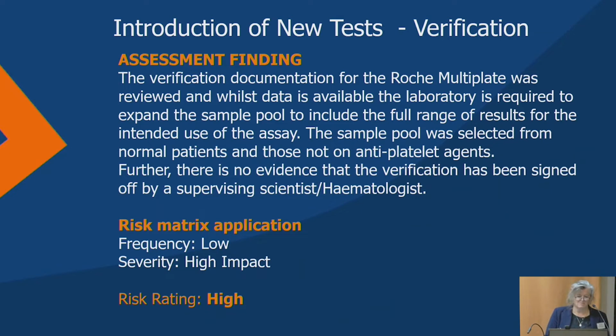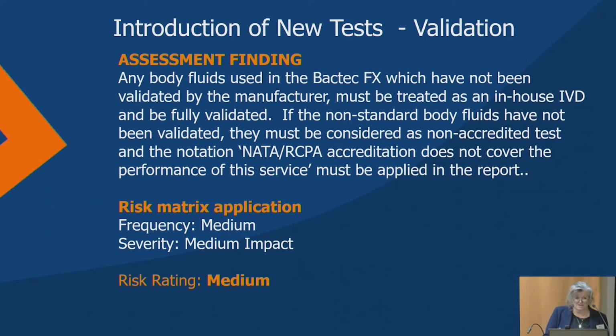And they only used normal patients. Now, like I said, there is a bit of a debate as to what extent you need to go to around verification, because some people ask for a lot and some people ask for very little. So we're trying to get some consistency around that. But it does potentially have very high impact, because they've not actually tested that they can get the manufacturer's results.